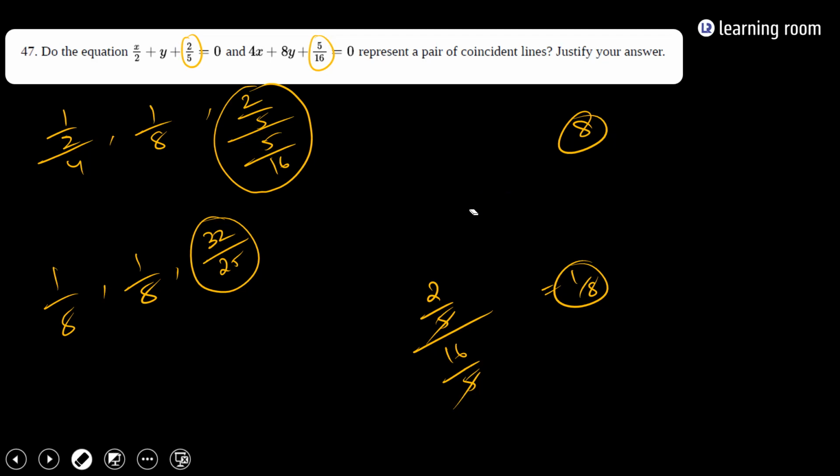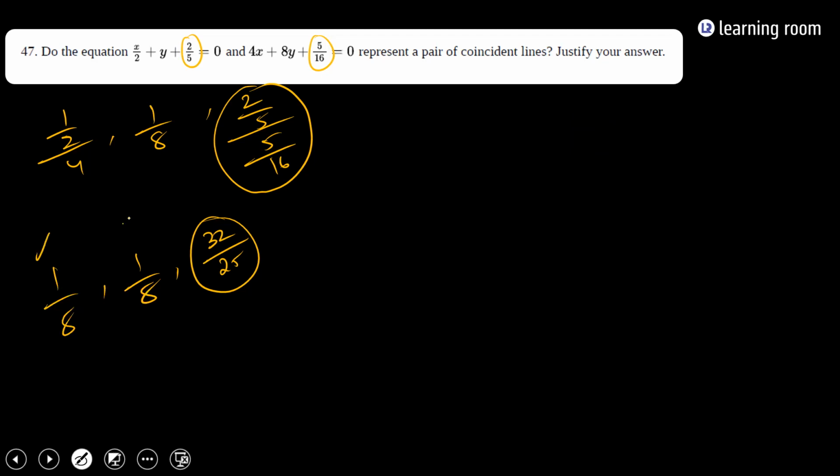Okay, I took a question saying change the constants, play around with the fractions in such a way that they become coincident lines. So I'm getting 1 by 8, 1 by 8. Here I'm not getting 1 by 8, I'm getting 32 by 25. So what I'm doing is, the first constant I'm leaving as 2 by 5, and the second constant I'm changing simply.